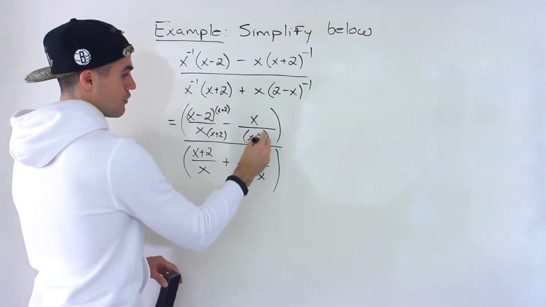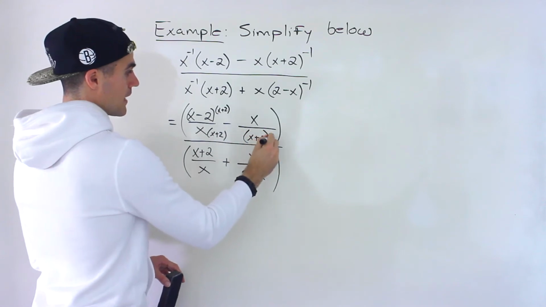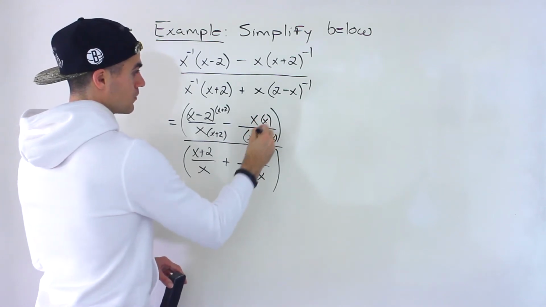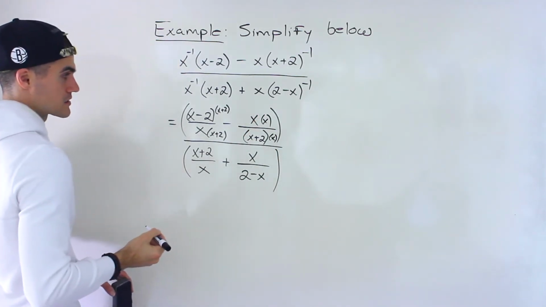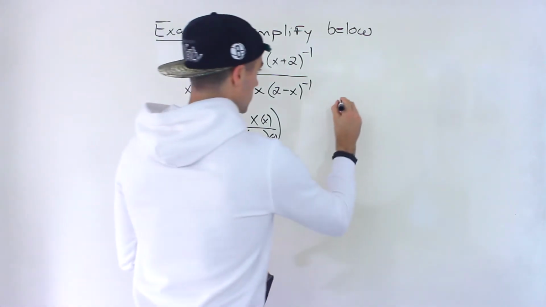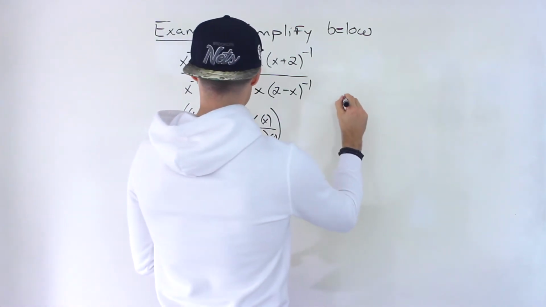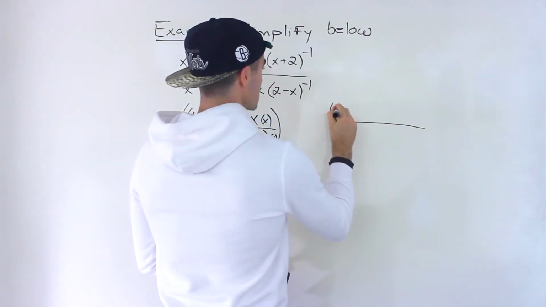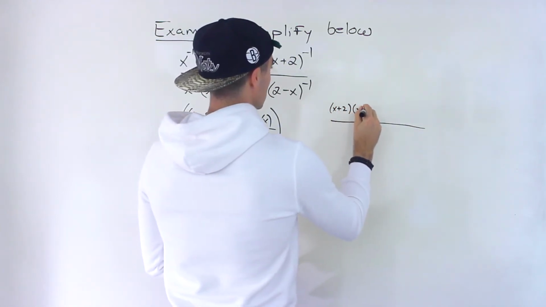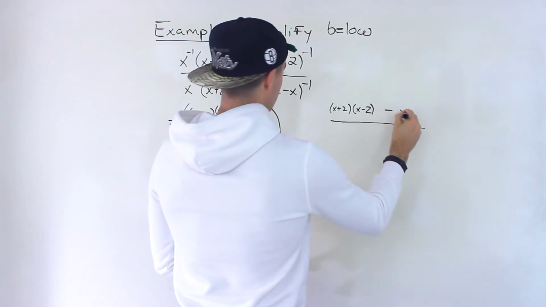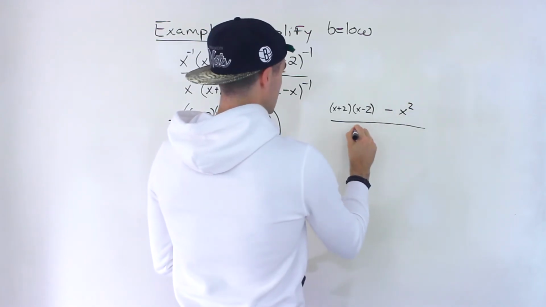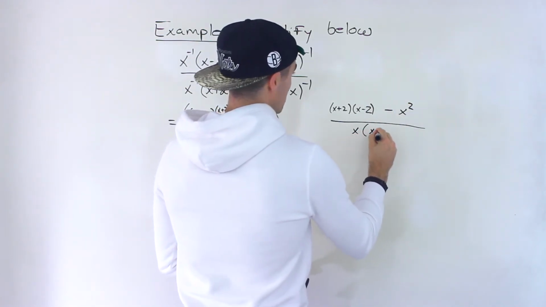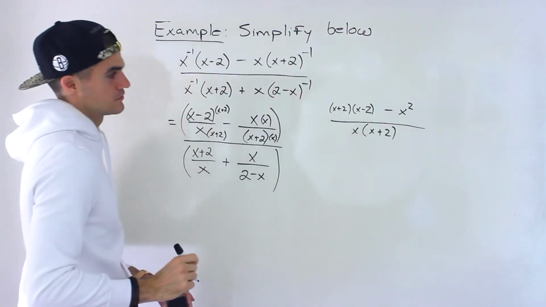And then this x plus 2 we would multiply by x, which means this top here we have to multiply by x. Right? So just working with this numerator on the side here, we would end up with x plus 2 times x minus 2 minus x times x, which is just x squared, and that's going to be all over x times x plus 2, like that.